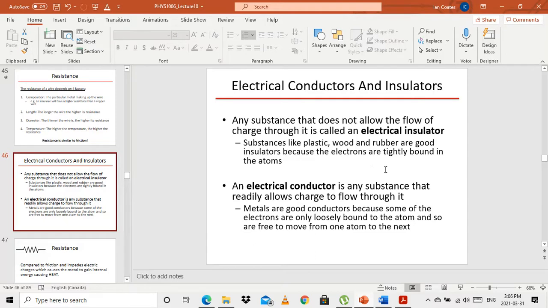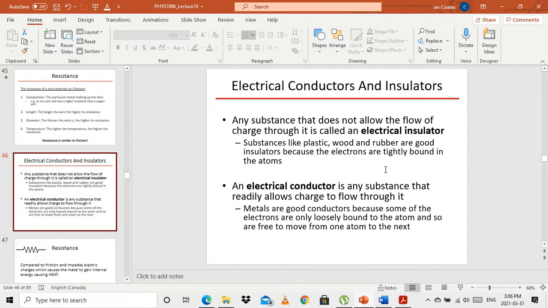Any substance that does not allow the flow of charges through is called an electrical insulator. Plastic, wood, rubber, these all keep their electrons. They do not let the electrons move freely. These are electrical insulators. Conductors, generally think metals. And metals have a weird structure, like you can take a piece of iron, melt it down and shape it into a bird cage or a sword, or you can smash it into a piece of iron putty.